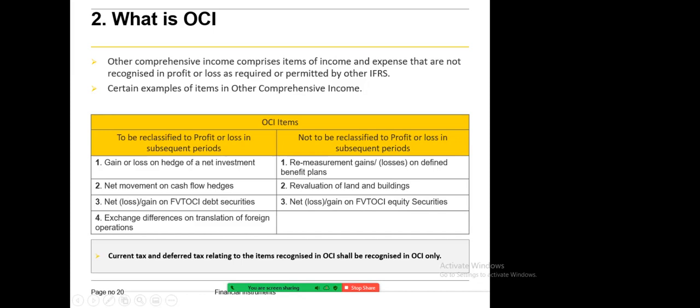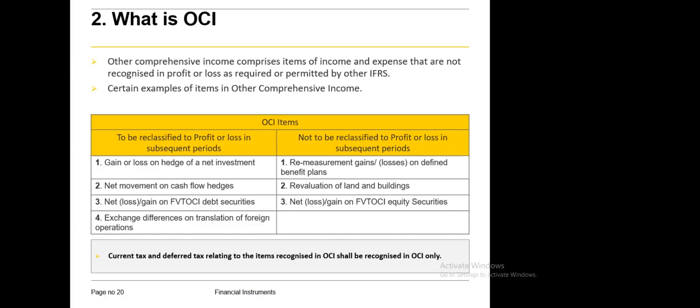But items which will not be reclassified to P&L in the subsequent period are remeasurement gains or losses on defined benefit plans, revaluation of land and building, and net loss or gain on FVTOCI equity securities. If you have an idea about OCI, other comprehensive income is basically the extension of your P&L.